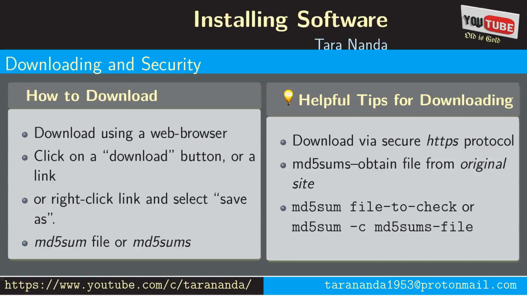It is MD5 sum with the name of the file which you want to check. The program will spit out a series of hexadecimal digits which you must check with what was downloaded from the website.